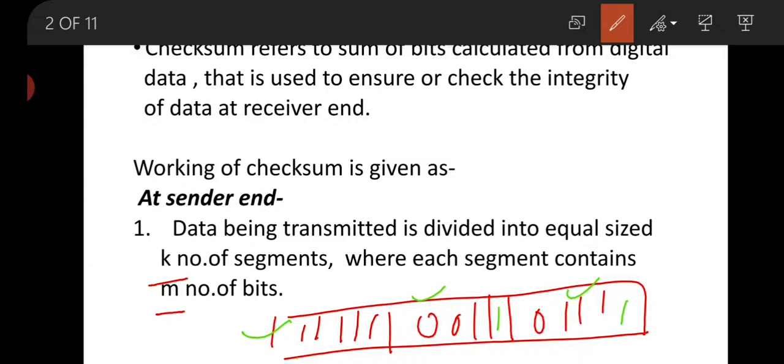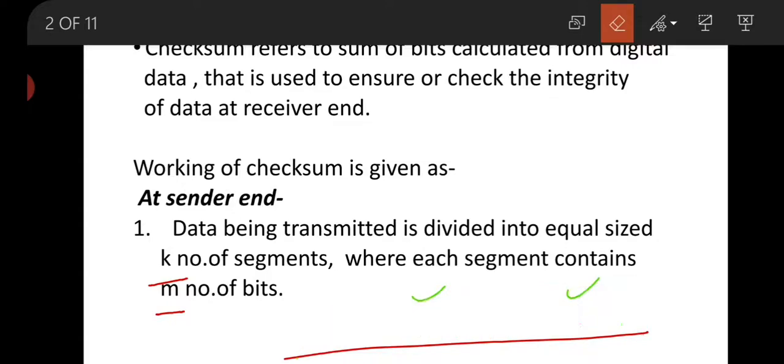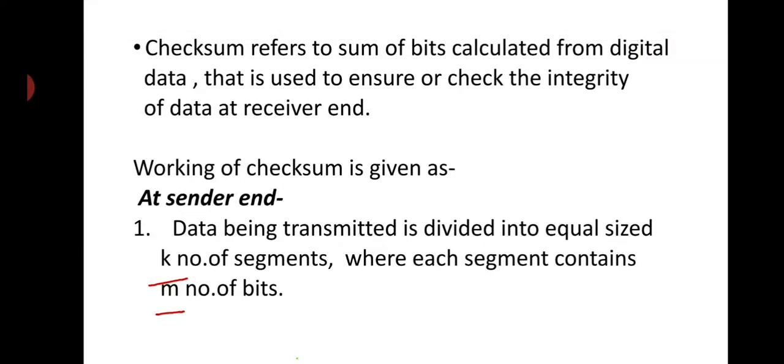The length of the bits can be powers of 2, that means 8, 16 like this. But for understanding, this is the division of the data transmitted. So the first step is to divide the data into k segments, and each segment has m bits.